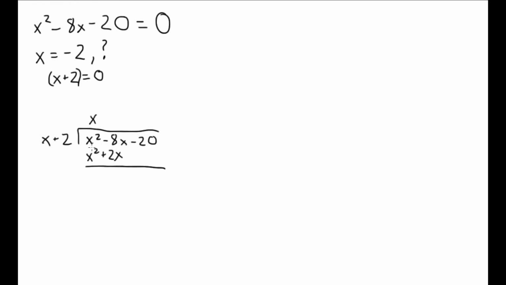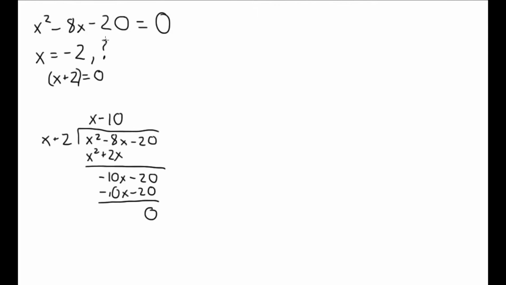We subtract, x squareds disappear, -8x minus 2x is -10x. Bring down the -20, x goes into -10x, -10 times. We multiply -10 times x plus 2, and we're going to get -10x minus 20. Remainder of 0, so we have the root of x minus 10.